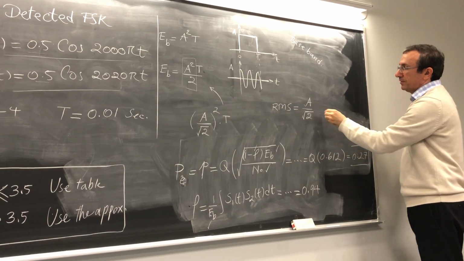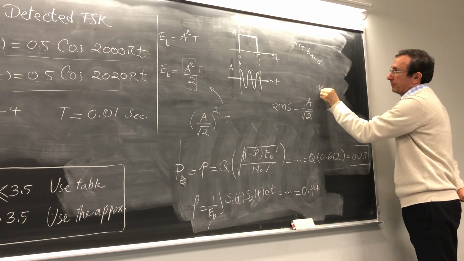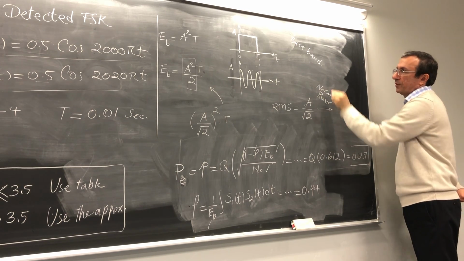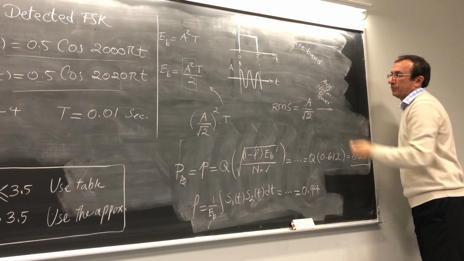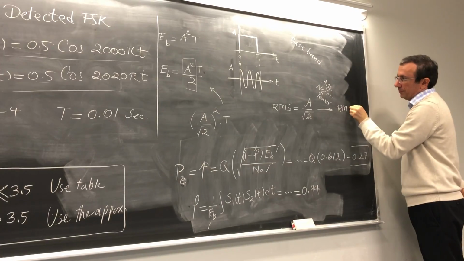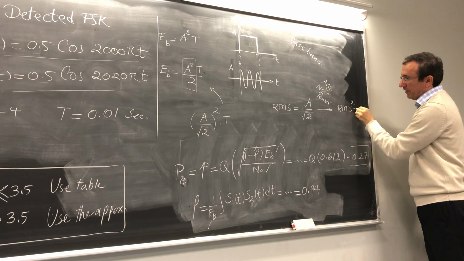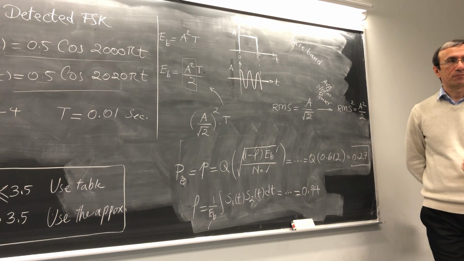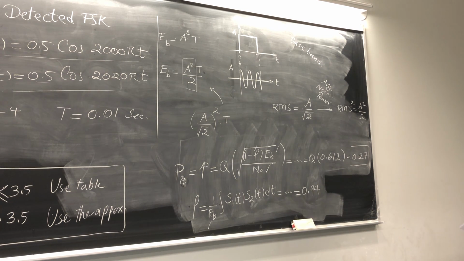Then we know that the average normalized power would be the RMS value squared. And that's going to be A squared over 2.